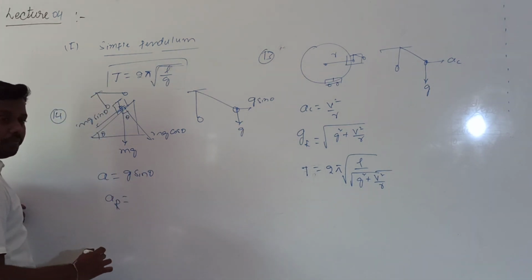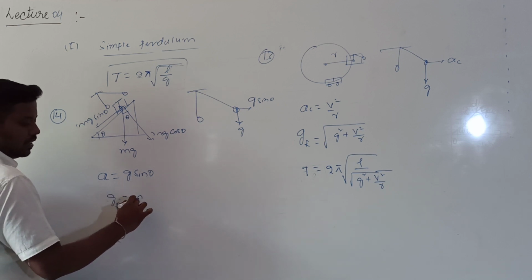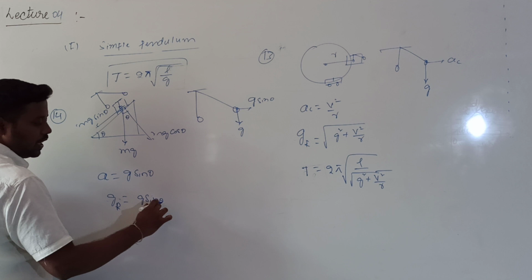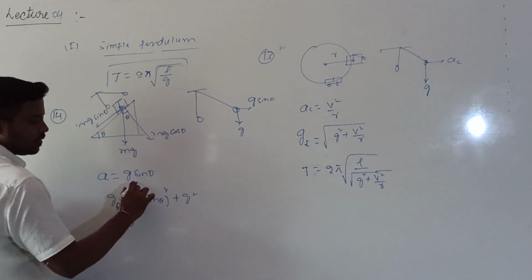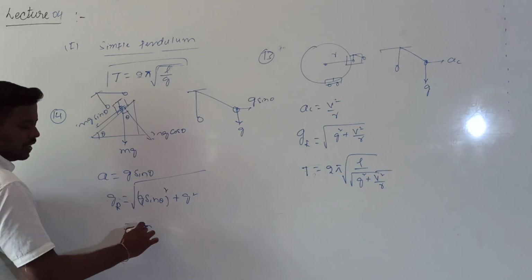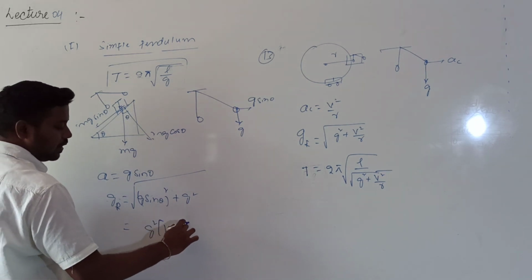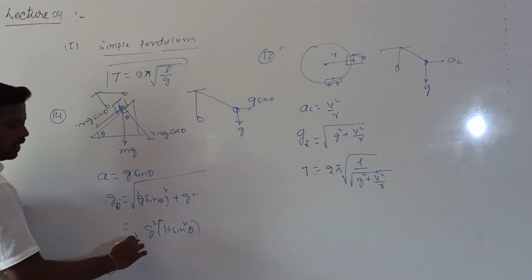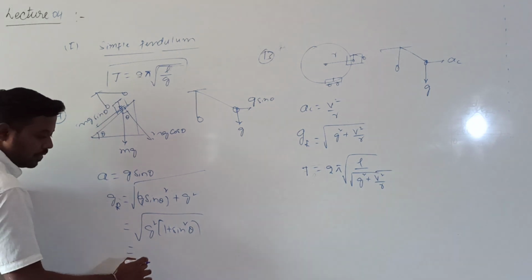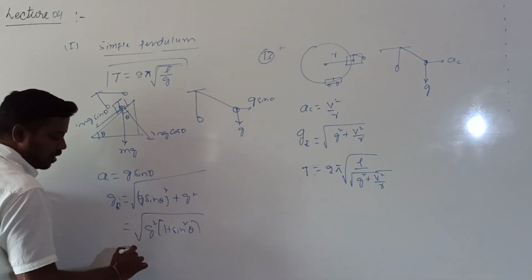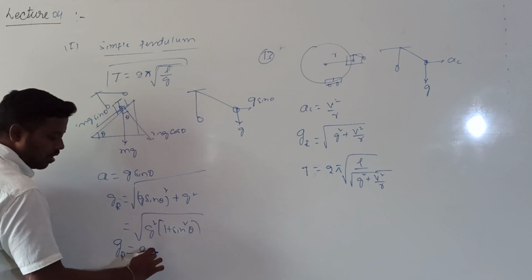Can I call it a_r or g_r? The g_r value is given by √((g sin θ)² + g²). Under the root, g² is common, so 1 plus sin² θ. Since sin² θ + cos² θ = 1, 1 − sin² θ is equal to cos² θ. Then g_r is equal to g cos θ.